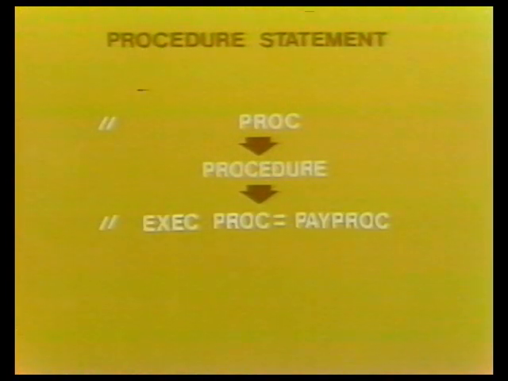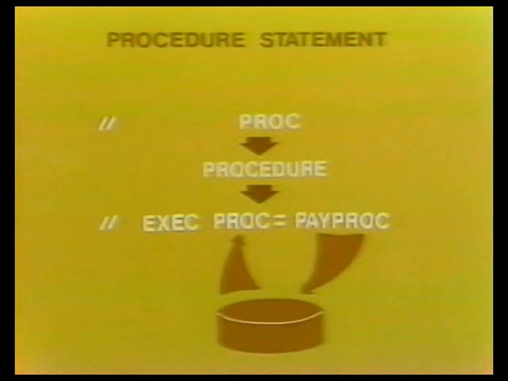In this case, you can invoke the procedure by means of an execute statement, like this, which refers to the member name assigned when the procedure was cataloged. This cataloged procedure capability can save a lot of work in writing JCL in much the same way that macro instructions save work in assembler language programming.